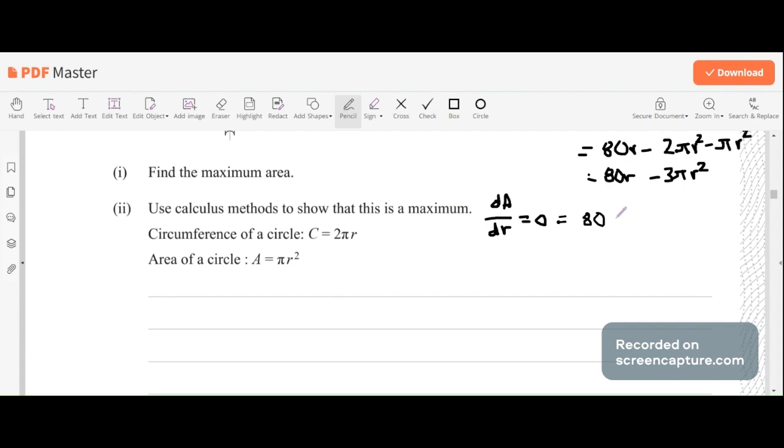So I'm differentiating right now. 6 pi r, and then we need to find where that equals 0. So the r value when that equals 0. So if we do this, we know that 80 equals 6 pi r.